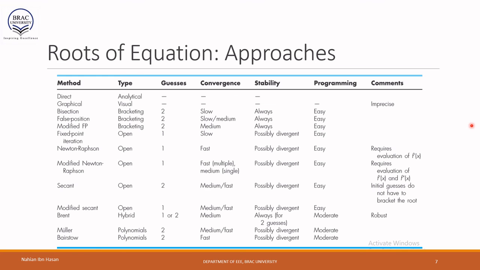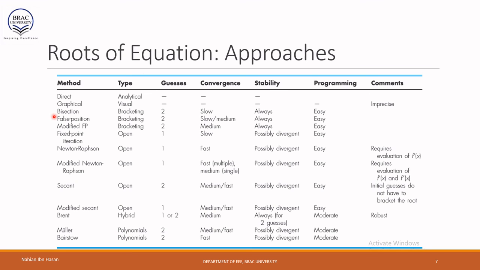So if we summarize all of those methods of finding the roots in one slide, we can see that we have learned about the bisection method, the false position method, modified false position method. Then we learned about fixed point iteration, Newton-Raphson, modified Newton-Raphson. These three are open methods, and the bisection and false position methods are bracketing methods.